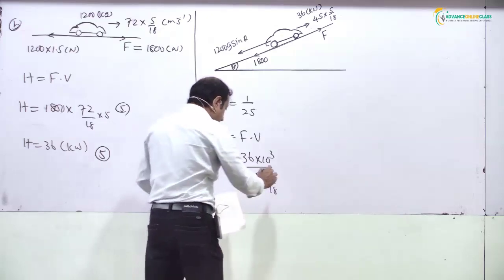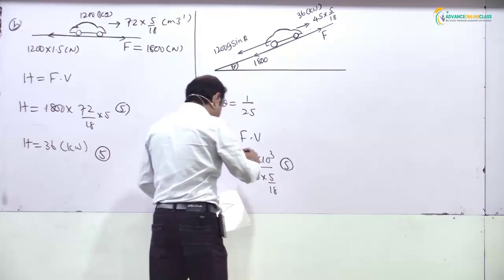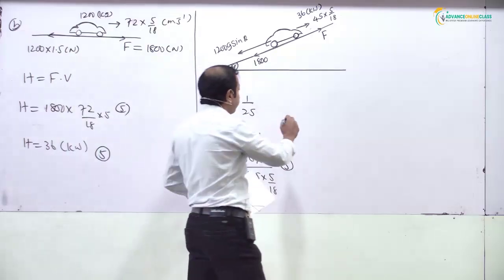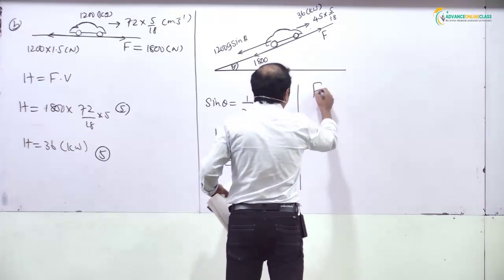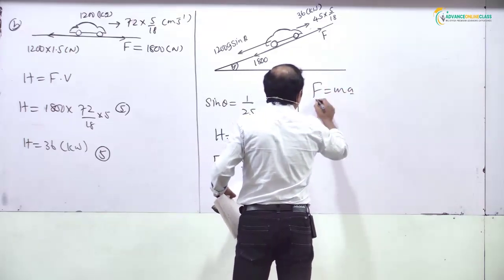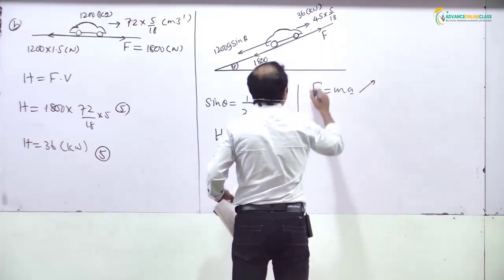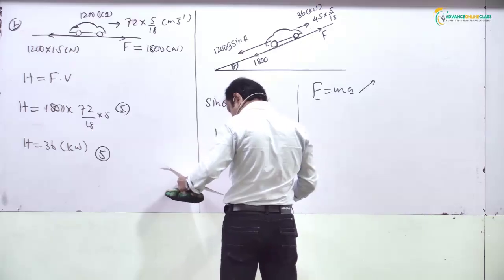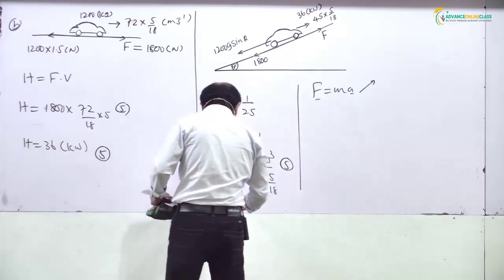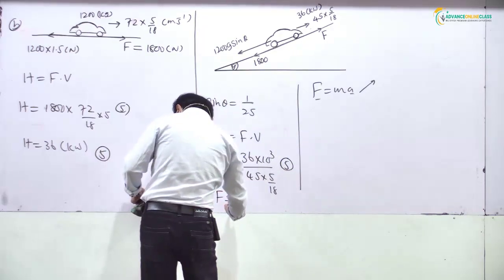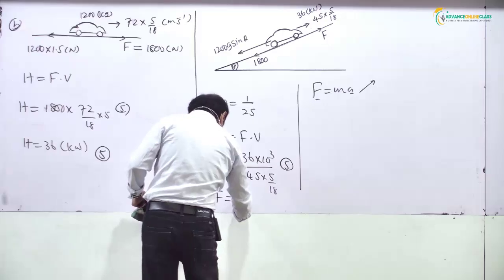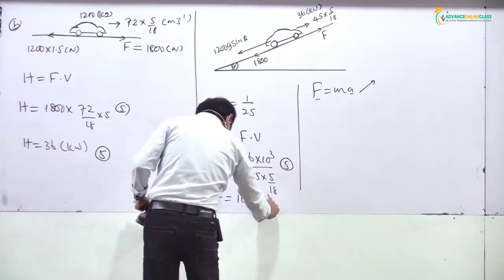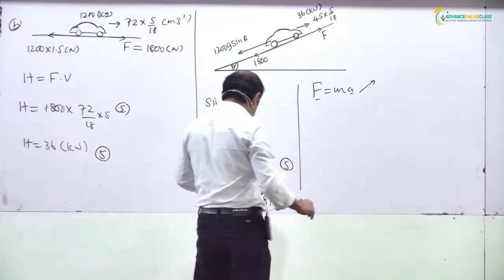So this is 5 marks. Something for this F. Now we apply F equals MA. Force is this. When you simplify this answer, we get F as 160 into 18 newtons.